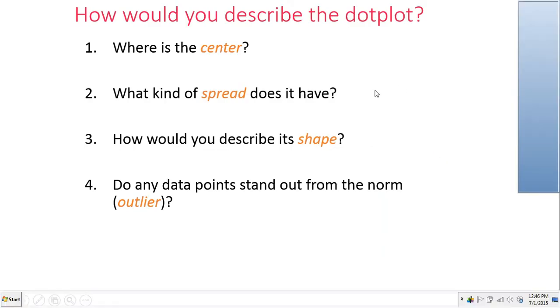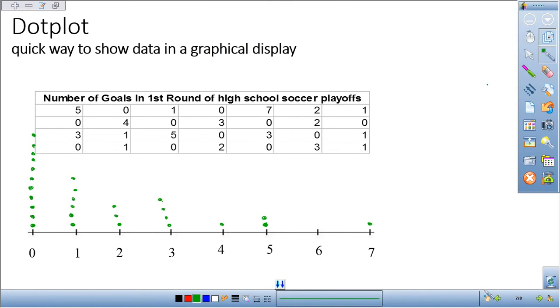Where is the center? If we look back over here, we can see that there are 28 values. So the median of that would be between the 14th value on this end and the 14th on this end. So I can go 1, 2, 3, 4, 5, 6, 7, 8, 9, 10, 11, 12, 13, 14.